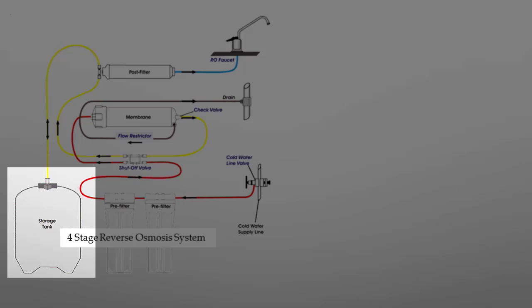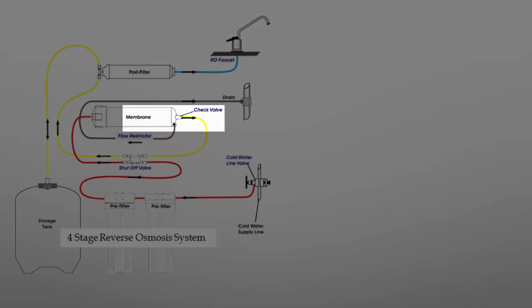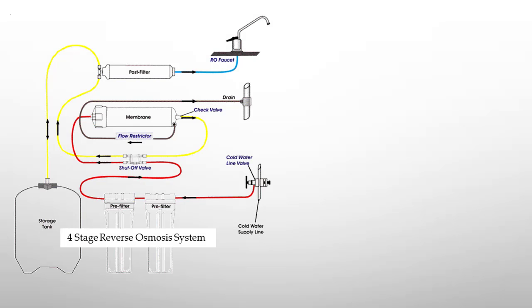You can see a storage tank, the dedicated faucet for dispensing water, and a check valve which prevents the stored water that is under pressure from flowing back through the membrane in the opposite direction intended during production. If a check valve fails, storage tank water could flow back through the membrane and down the drain, or possibly even restrict membrane flow to the storage tank, which in turn would result in no water in the storage tank.